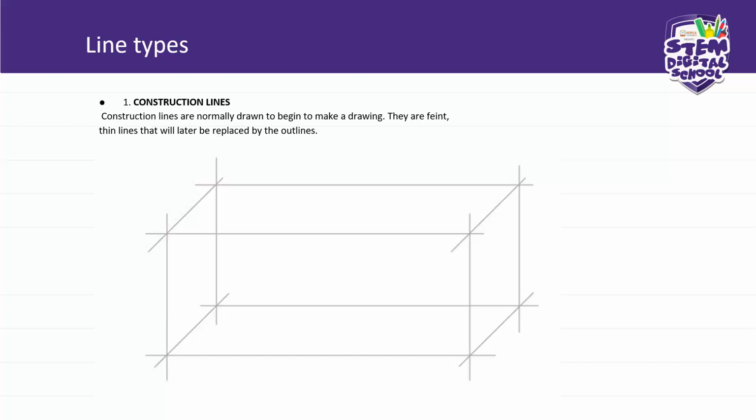So that's how you hold your pencil. So these are faint, thin lines that will later be replaced by the outlines, all right? Those are construction lines.